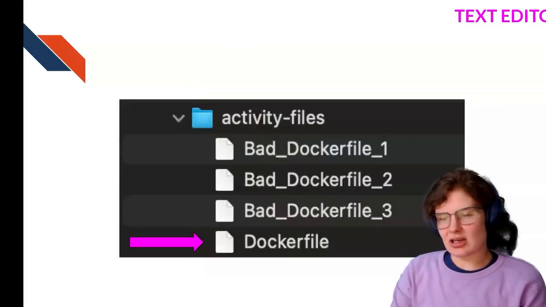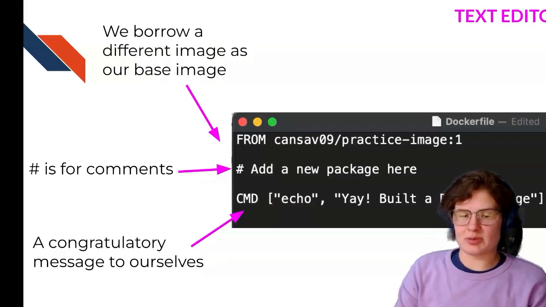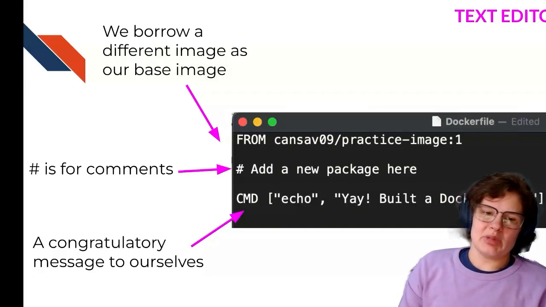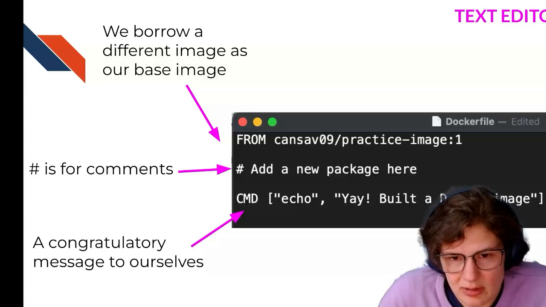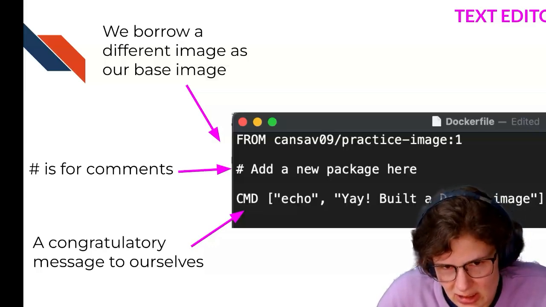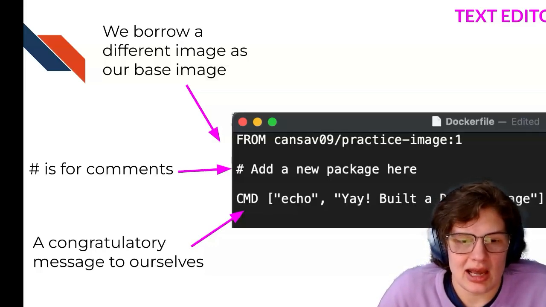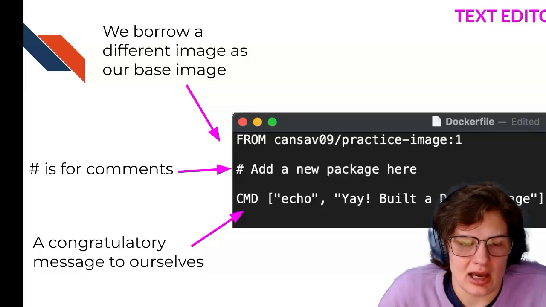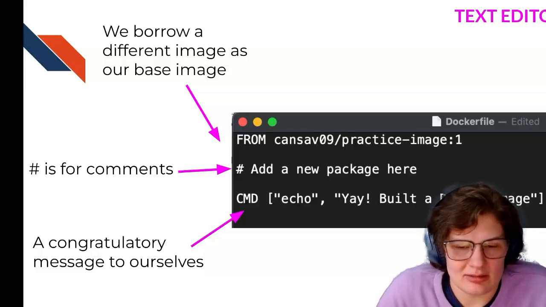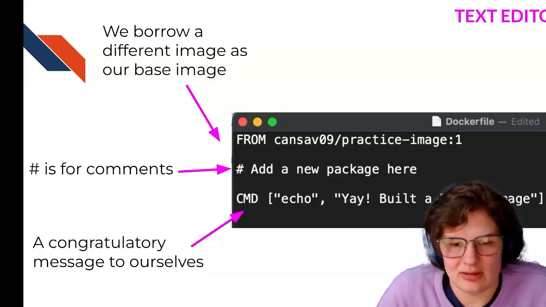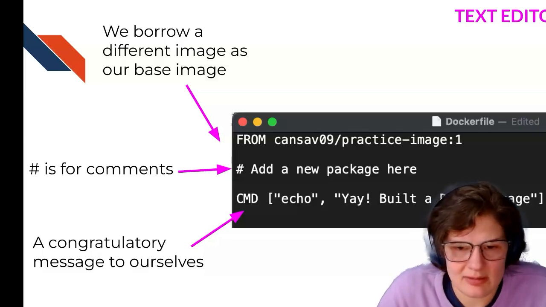It's not a very complicated Dockerfile. There are Dockerfiles that have a lot of steps, but this one basically just has FROM on the top, and you can recognize that that's actually the name of the image we were using before. And then it has a hashtag or pound sign in order to put a comment. So that line with the pound sign in front doesn't really do anything. It's just a way for us to annotate what's going on.